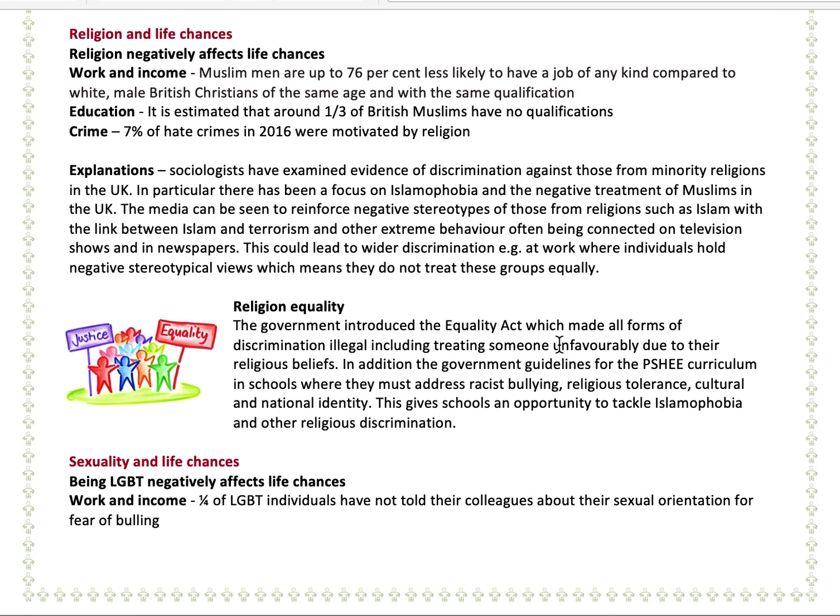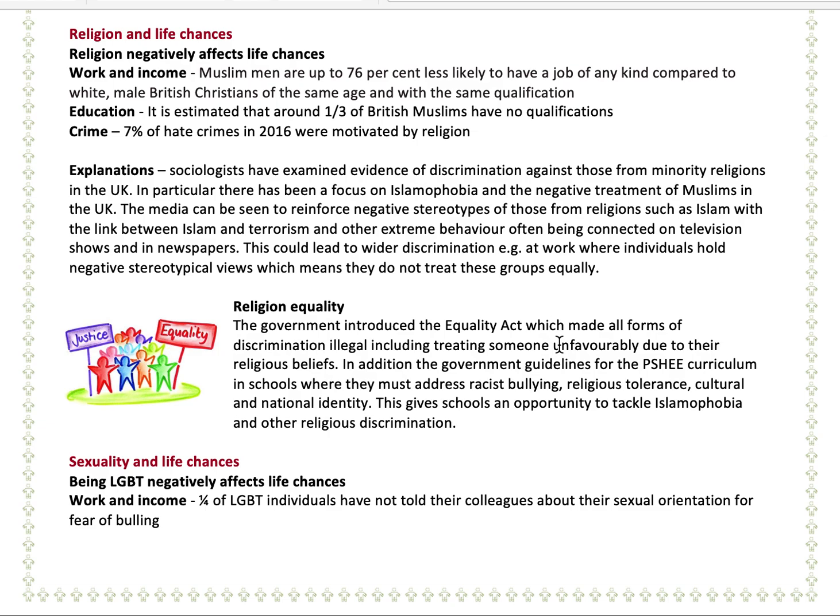Religion and life chances, so the idea of institutional racism you can refer to, or the idea that there are still kind of stereotypes and evidence of discrimination against those from different religious groups.